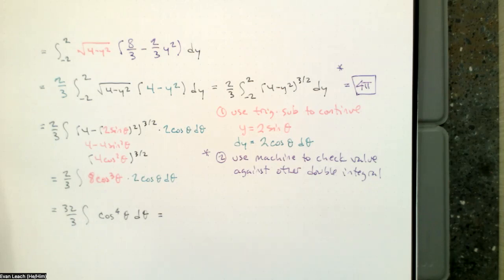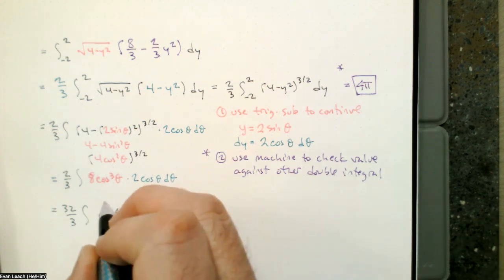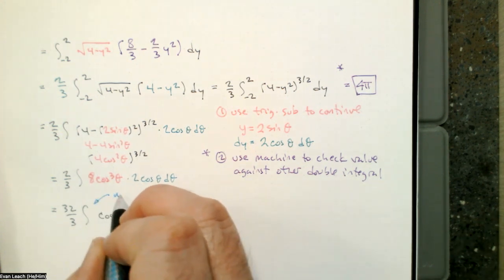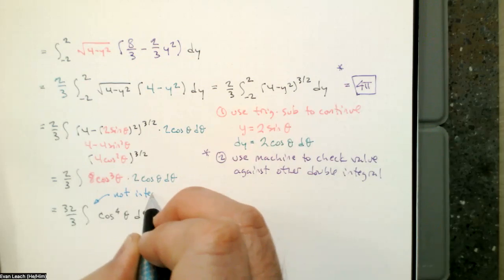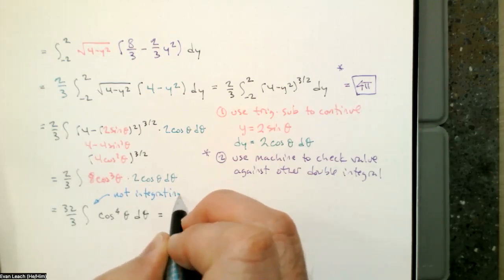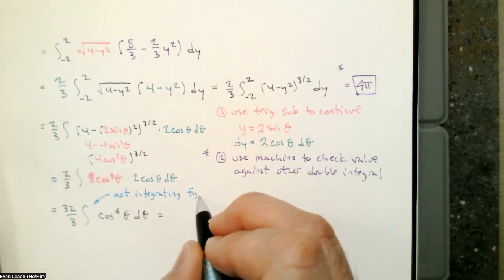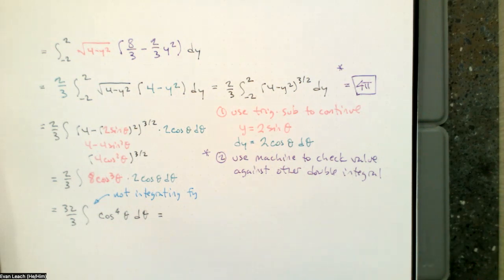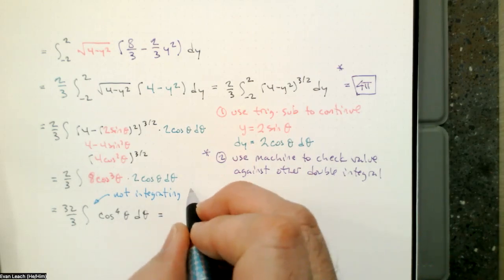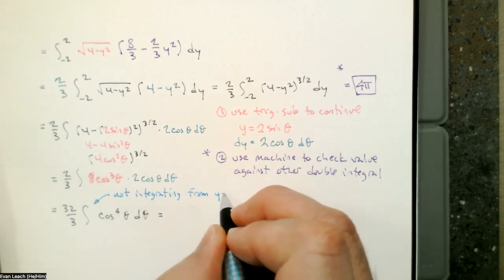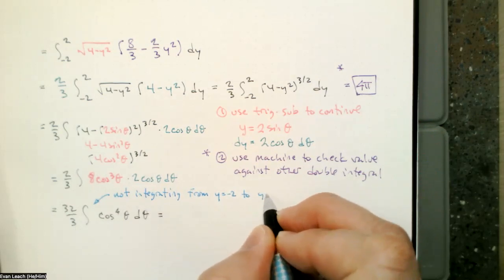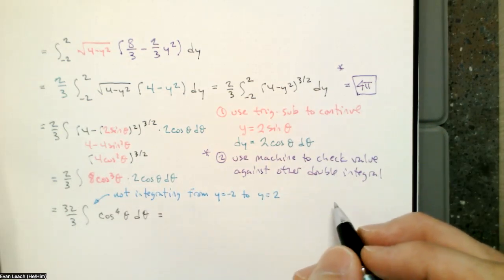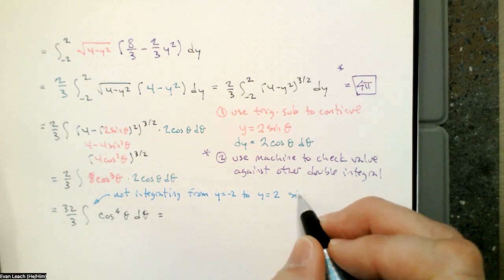The other thing that we want to point out is that we're not integrating from -2 to 2 because those are y values. We're not integrating from y equals -2 to y equals 2 because this is a theta integral now.